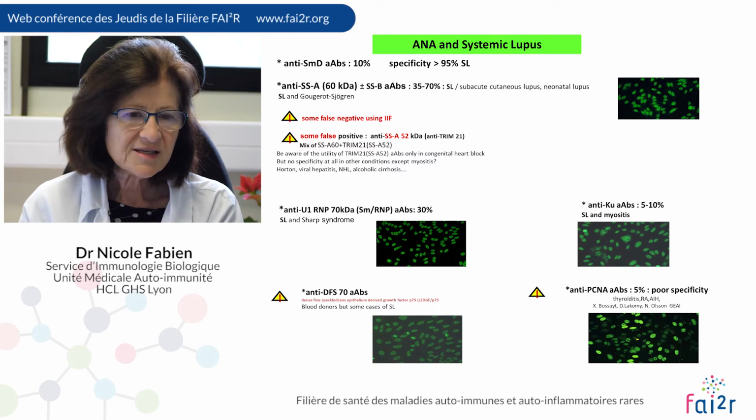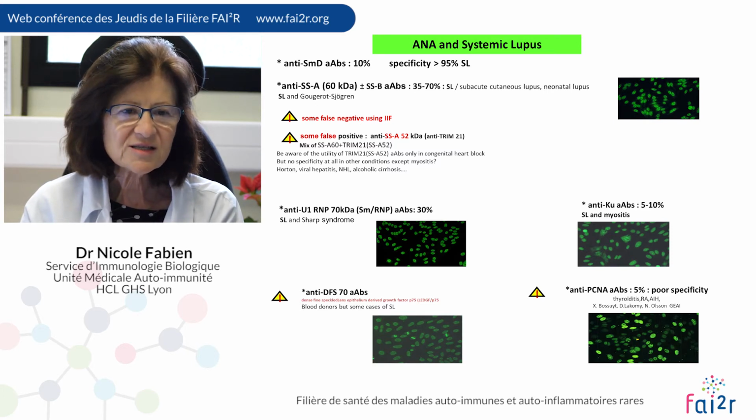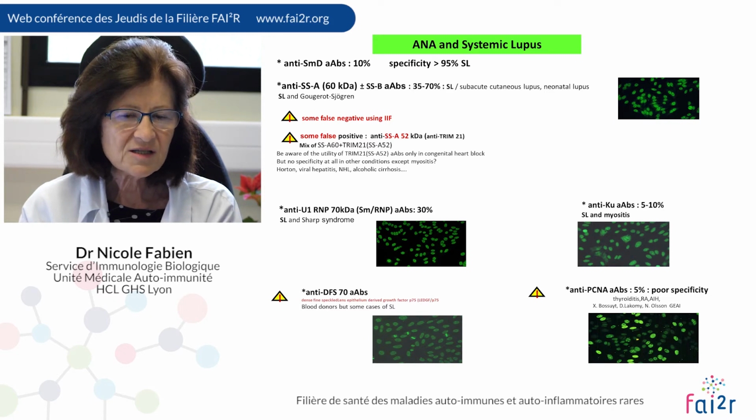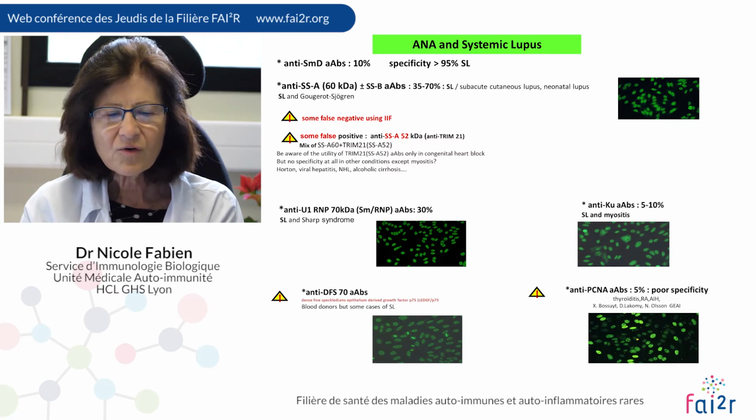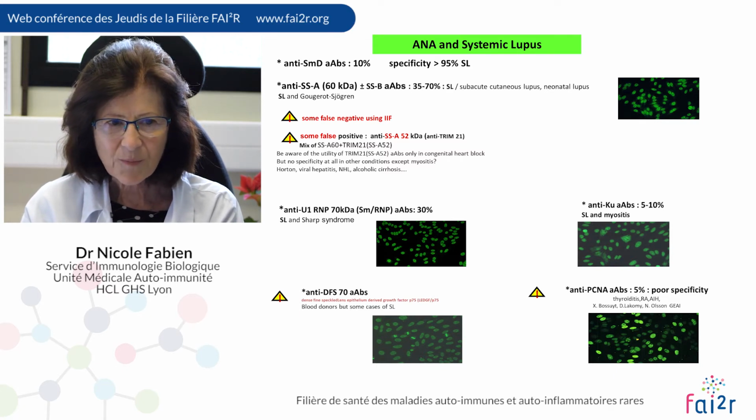Then you've got the anti-SSA antibody, but only the 60 kDa, which is present in different phenotypes of lupus, but also in Sjogren syndrome.